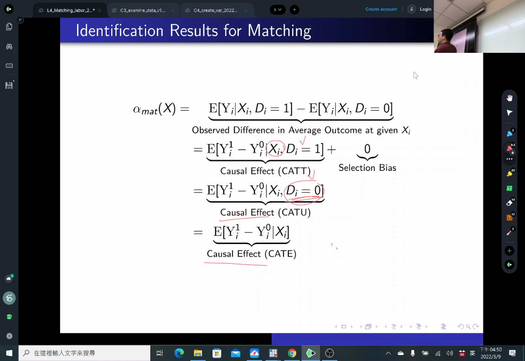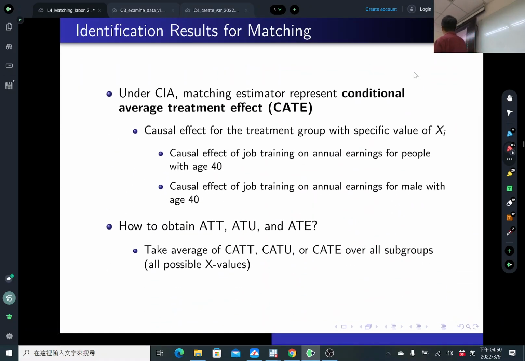But the causal effect we get is only for this specific subgroup, the people who are 40 years old. If the treatment group and control group are all 40 years old, we can get a causal effect. So it sounds like it's very restricted, but we can further use other methods to help us get the average treatment effect on the treatment group, the average treatment effect on the control group, and also the average treatment effect for the whole population.